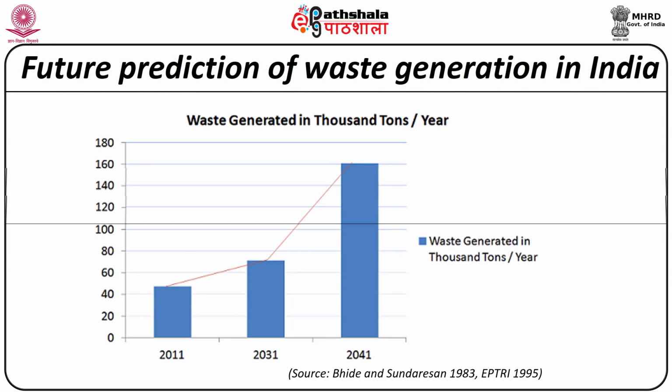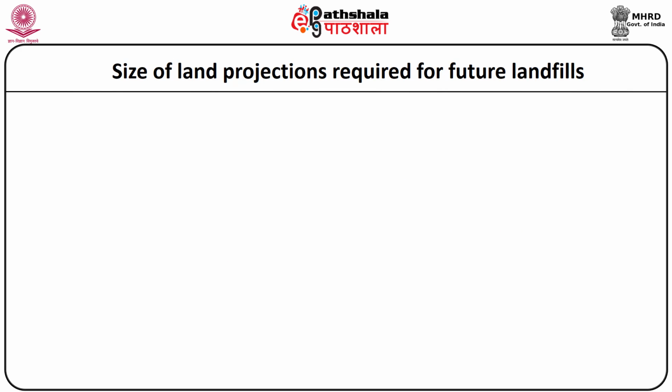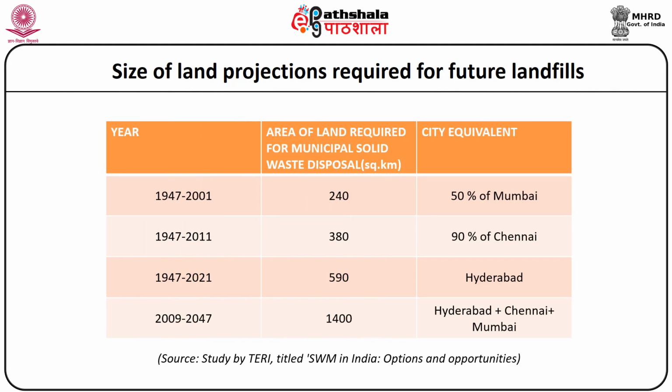Size of land projections required for future landfills: the area of land required for municipal solid waste disposal per square kilometer, with the city equivalent. From 1947 to 2000, the city equivalent was 50% of Mumbai.